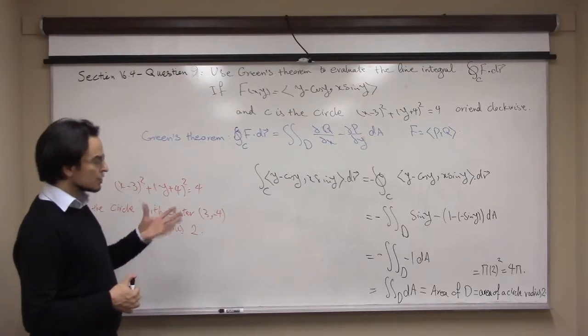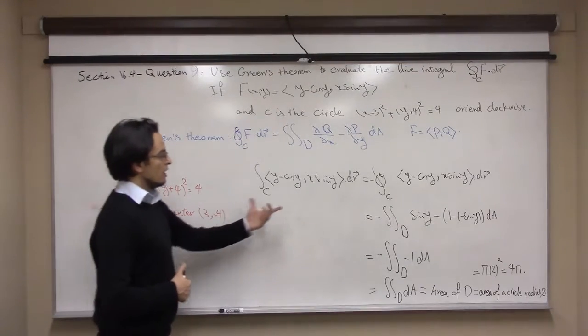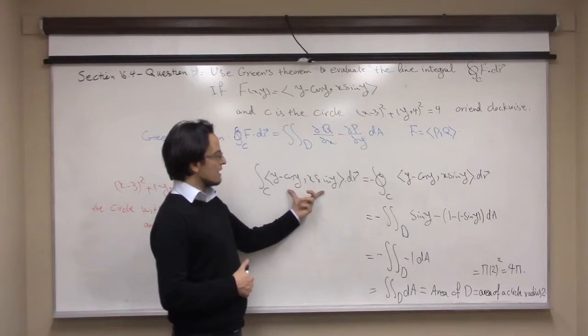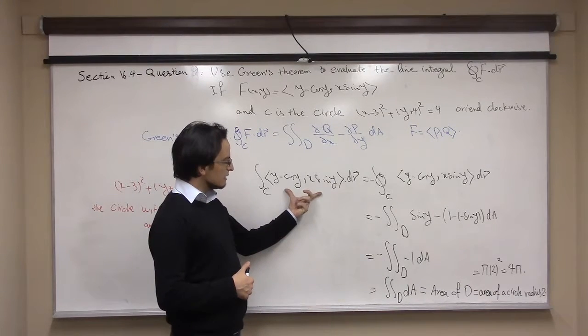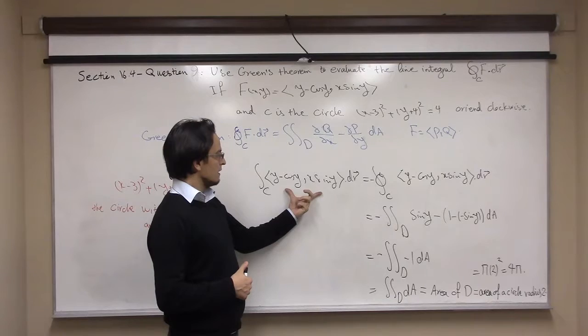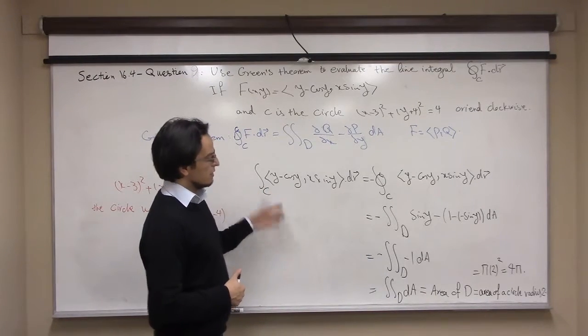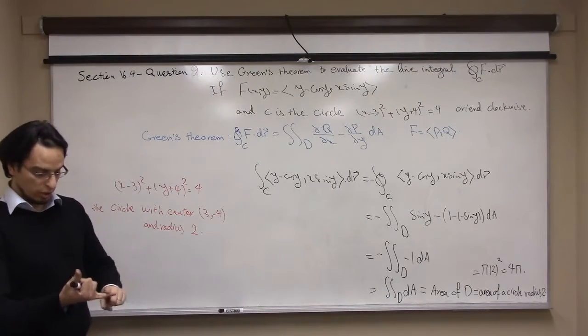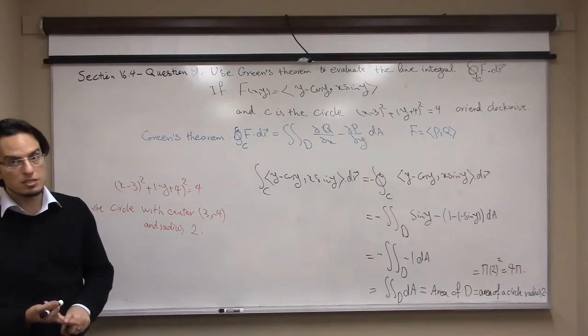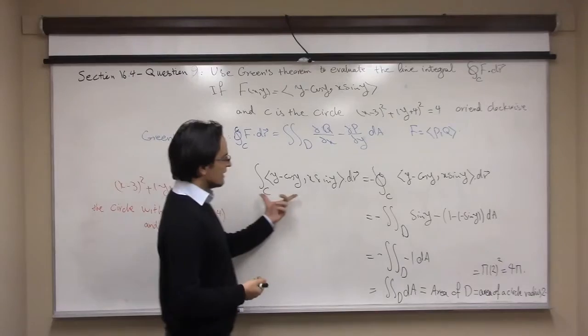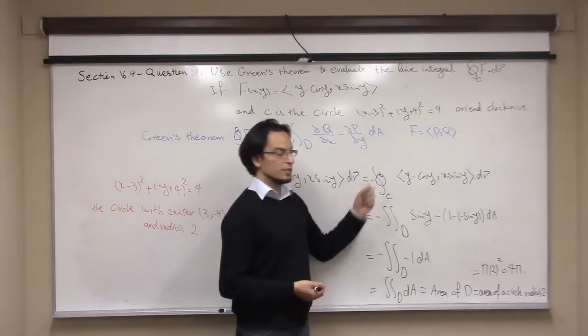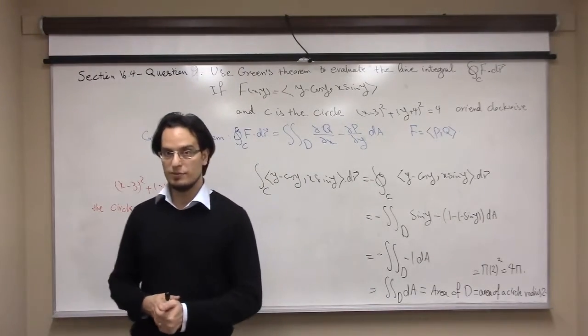So, just a quick wrap up. The question asked to evaluate this line integral, but the curve was closed, simple, and not positively oriented. To make it positively oriented, I had to put a negative sign in front.